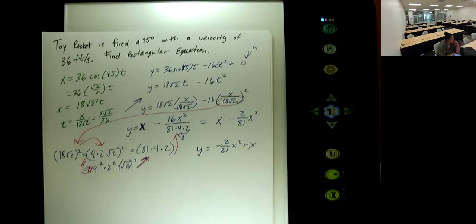If I did 16 divided by 18 root 2 squared, I'm gonna get some messy decimal that equals 2/81, and I'm not gonna recognize it for the simple fraction that it is. So I try to avoid switching to decimals whenever possible. This is exact, any decimal form is gonna be off and have to be rounded. Bam, there we go.